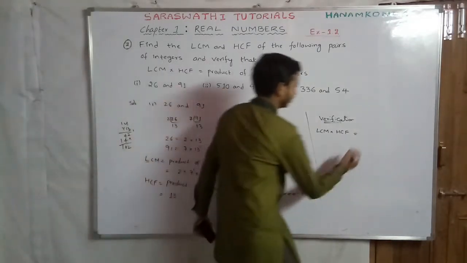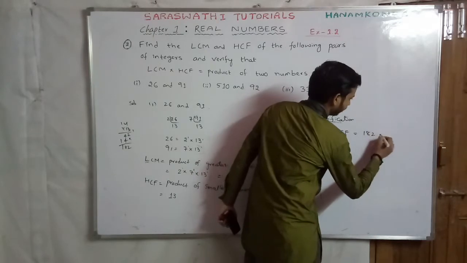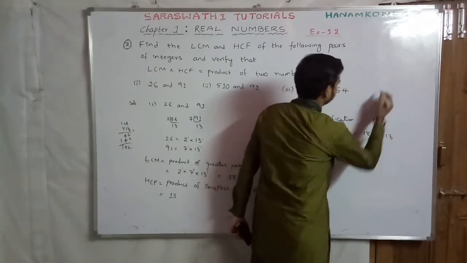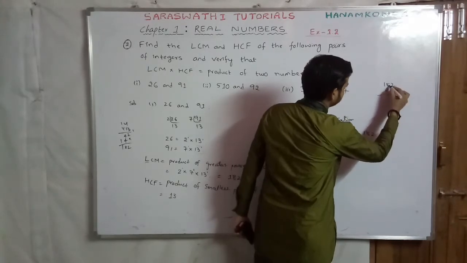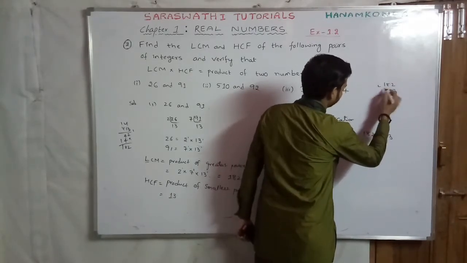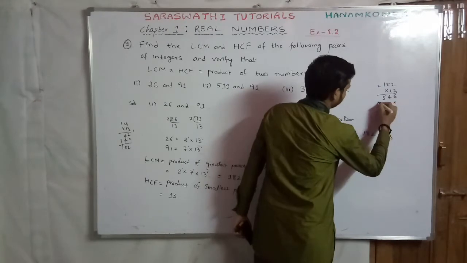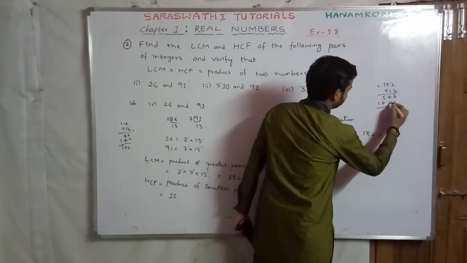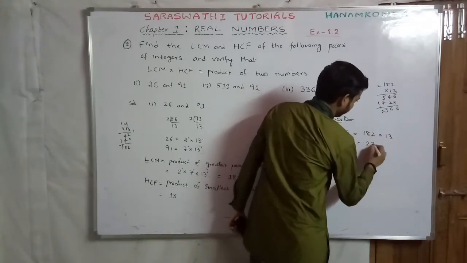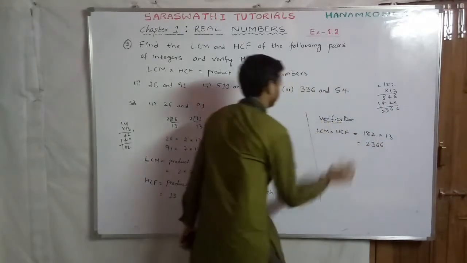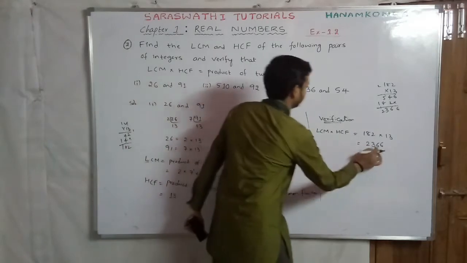So 182 into 13: 3 twos are 6, 3 eights are 24, 4 carry 2, 3 ones are 3 plus 2 is 5, and 6 6 13 gives 2366. The LCM into HCF value we have obtained is 2366.